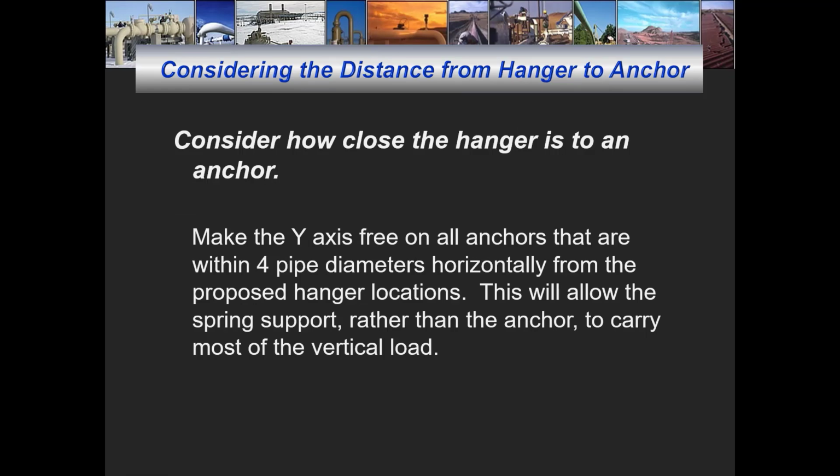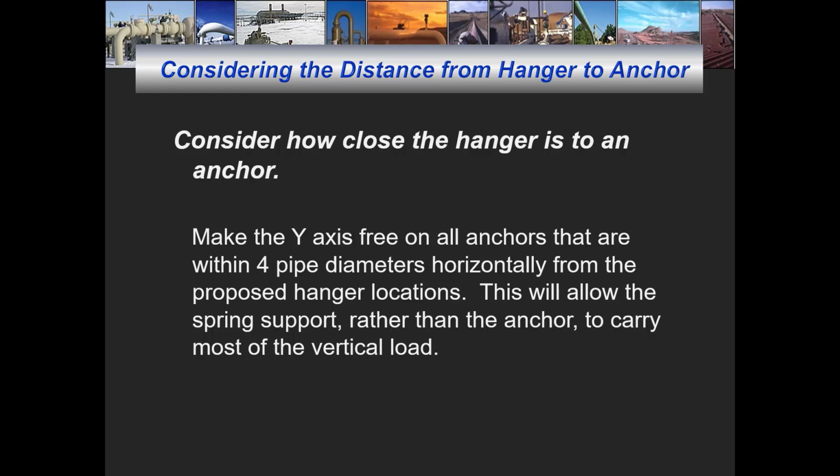Now, when you're sizing a spring hanger, like a variable spring hanger, for instance, you have to consider how close that spring hanger is to an anchor. Now, you're considering how close it is horizontally away from the anchor.